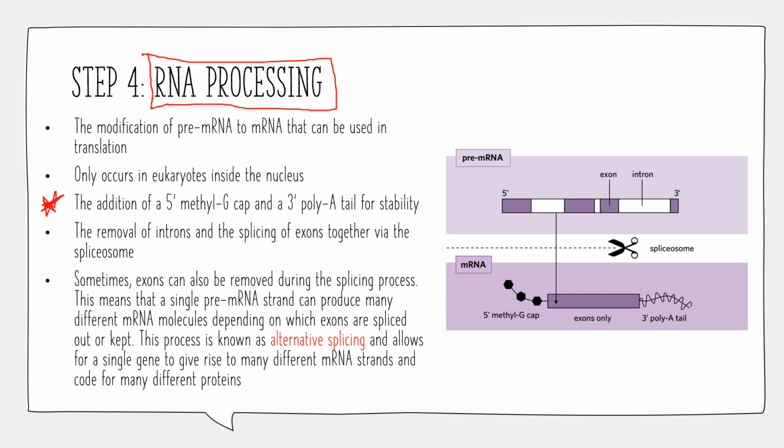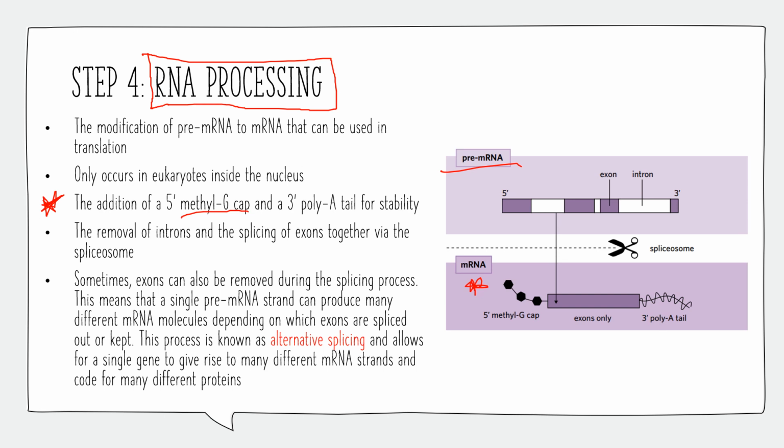Okay, so we've got our pre-mRNA that we made during transcription. To make it a fully functional mRNA molecule, we add what we call a methyl G cap. You can see that here. It's just a modified guanine little hat that we put on the end to stabilize.